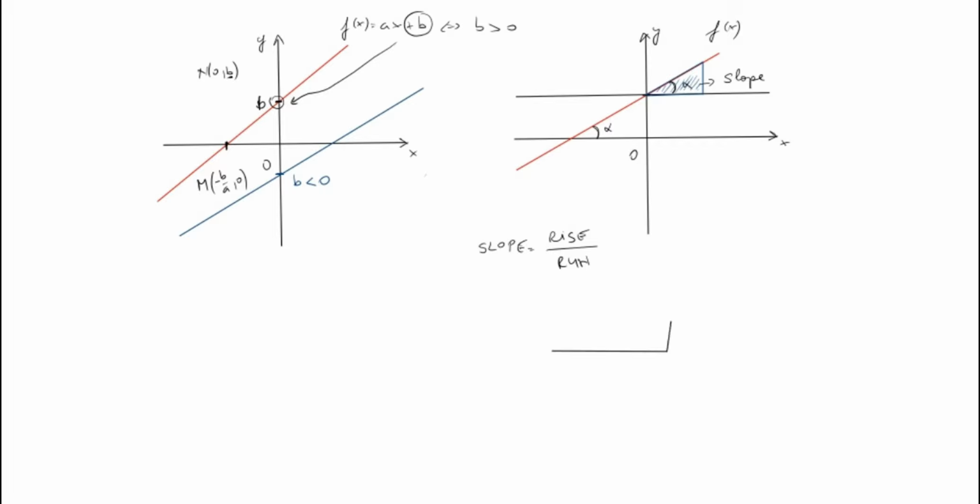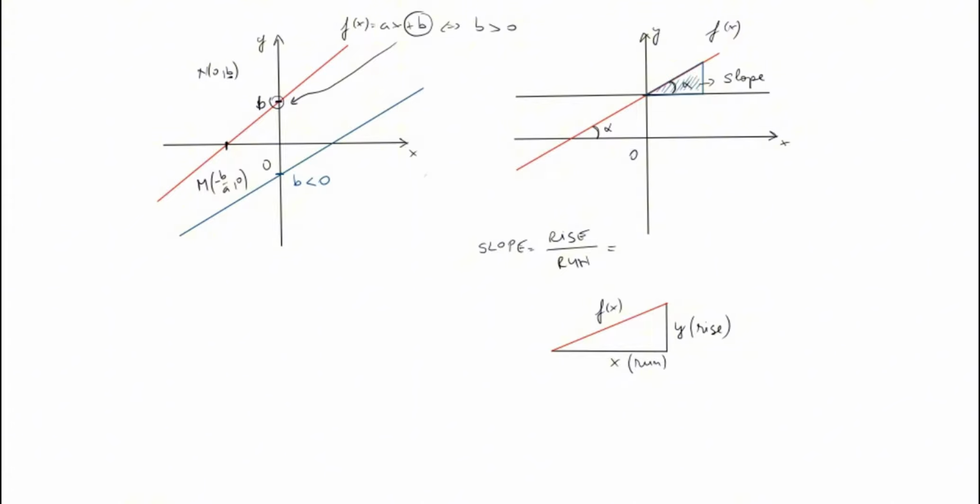So x, y, and the function. Okay, so we have the distance on the x-axis, the distance on the y-axis, and of course f of x. So the y will be the rise and x will be the run. These terms are kinda intuitive. So run on the horizontal axis and rise on the vertical axis.